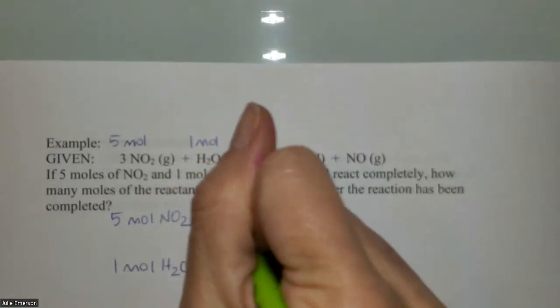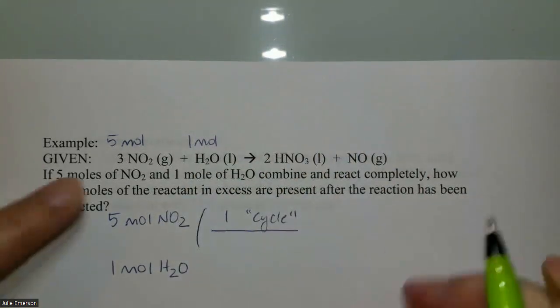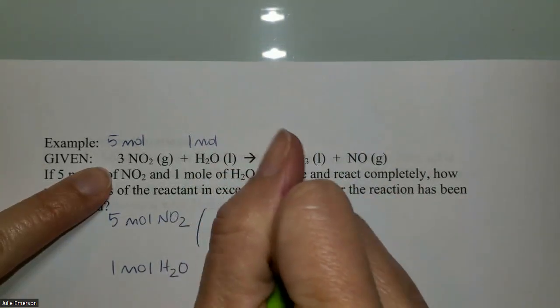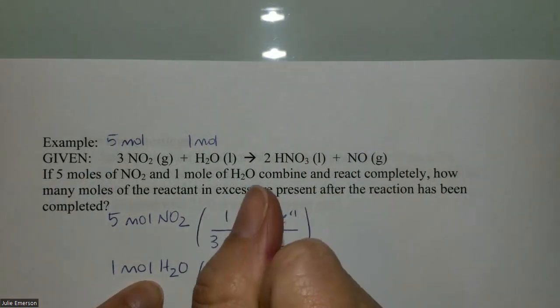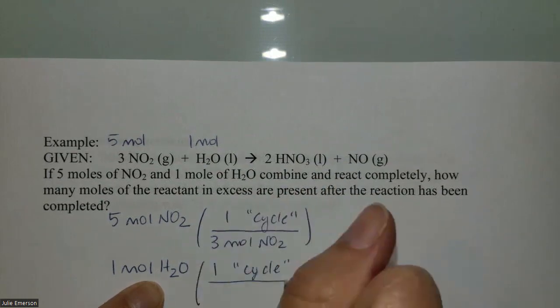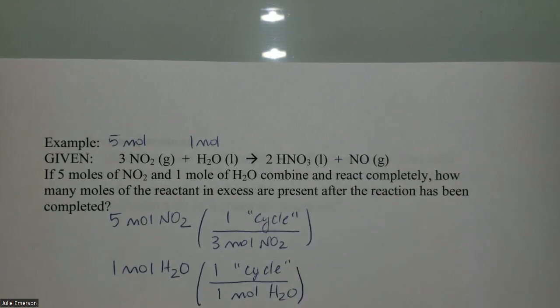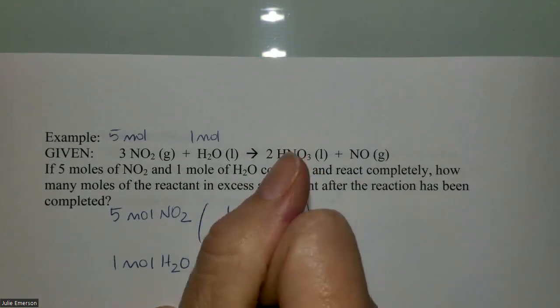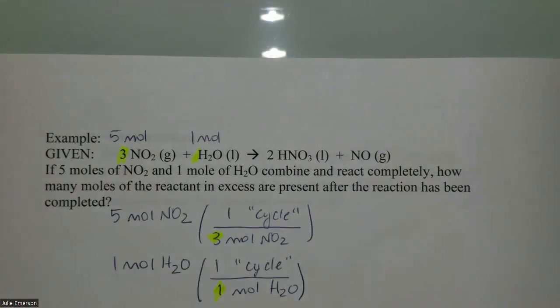So for every one reaction cycle, not really a unit, we use 3 moles of NO2. For water, every time we go through one reaction cycle, we use 1 mole of H2O.